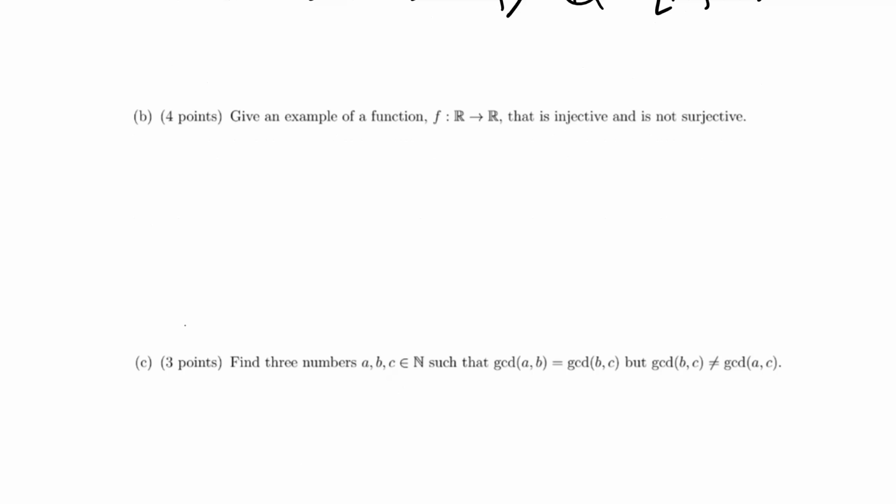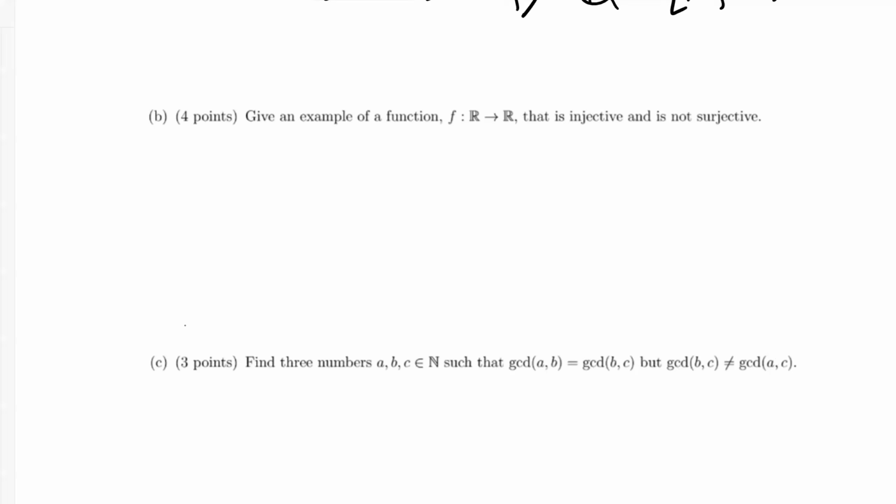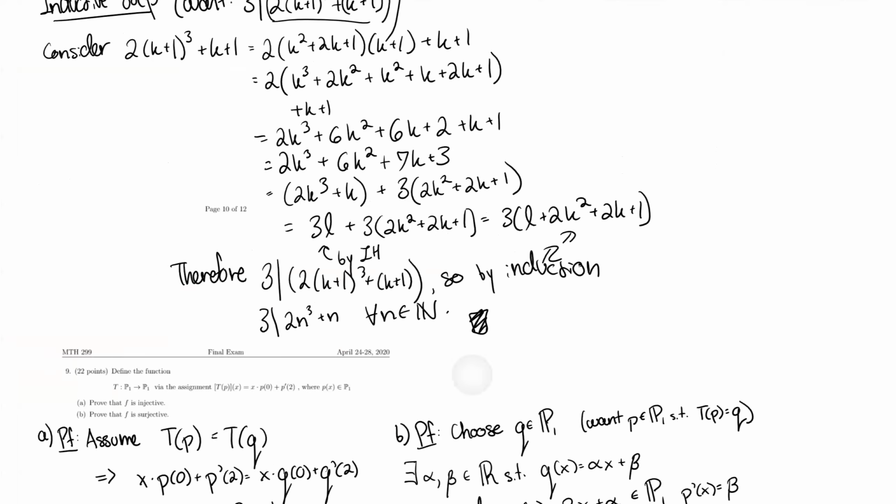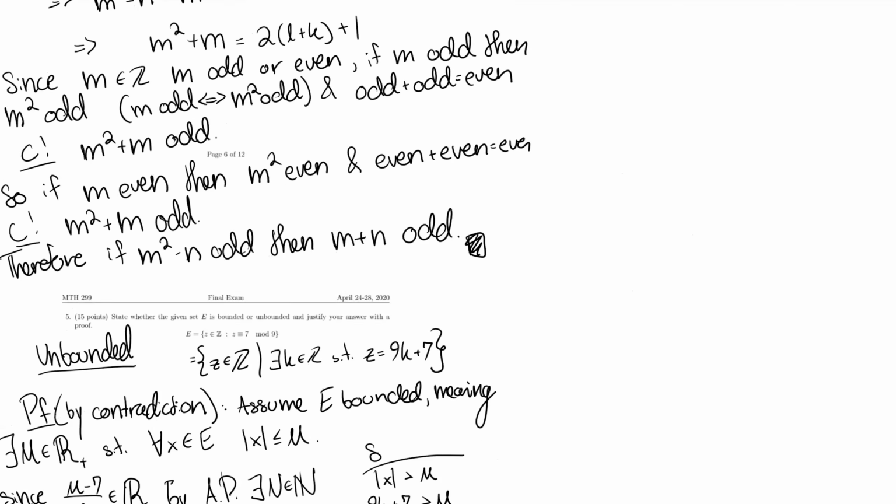Cool. Give an example of a function that's injective and not surjective. I think we had this last time. Maybe I could think of something new. Wait, let's look at the last one that I did. Was that also injective, not surjective?